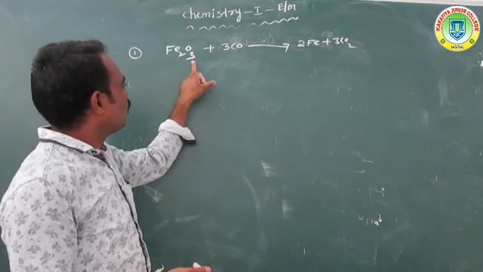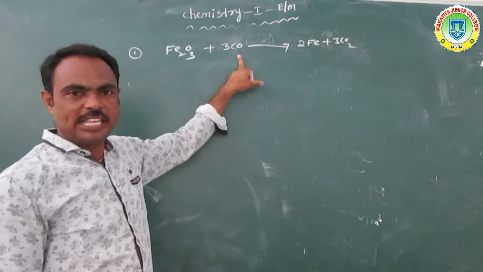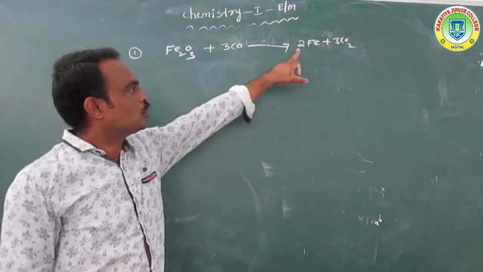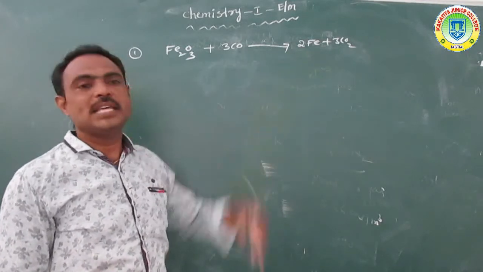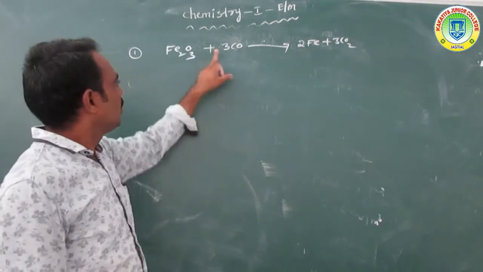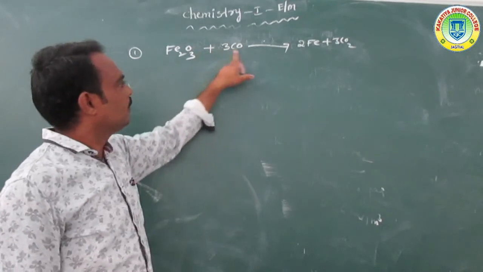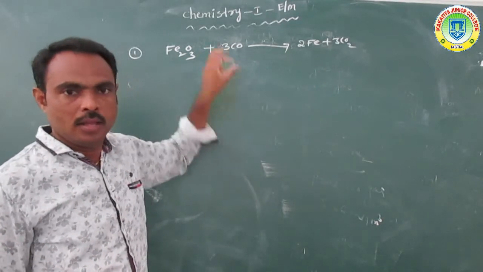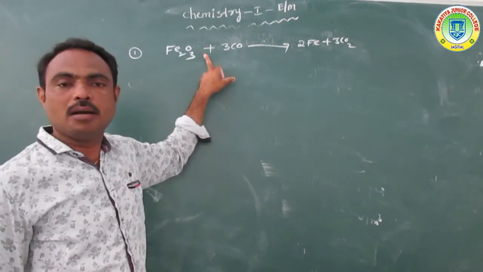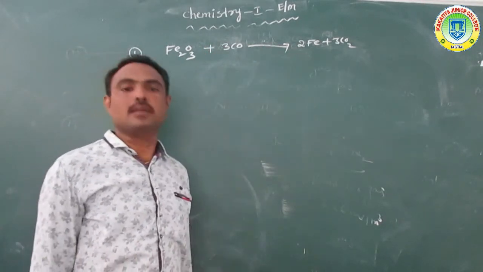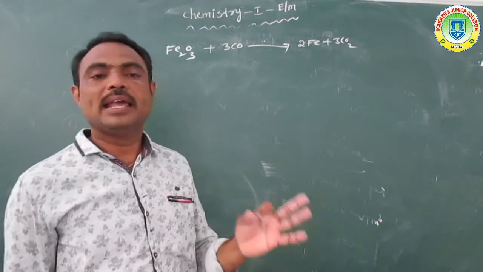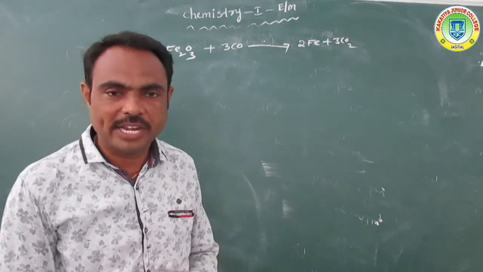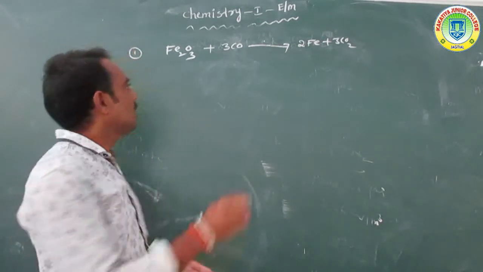Fe2O3 plus 3CO gives 2Fe plus 3CO2. Overall, metal oxide is converted to metal.